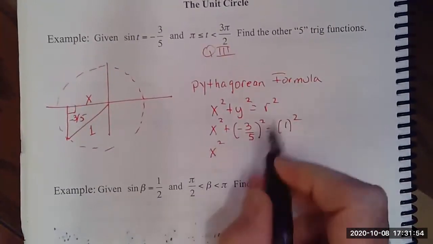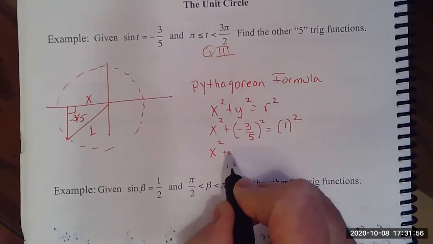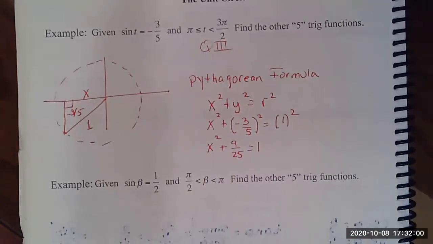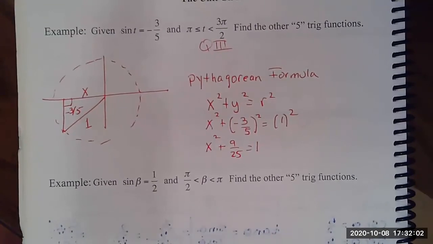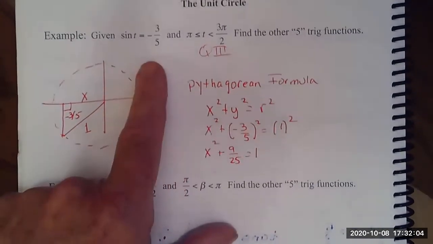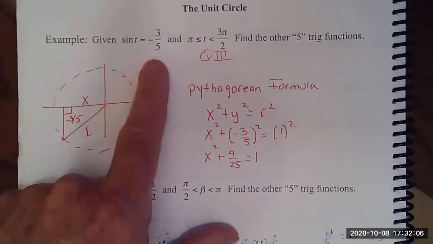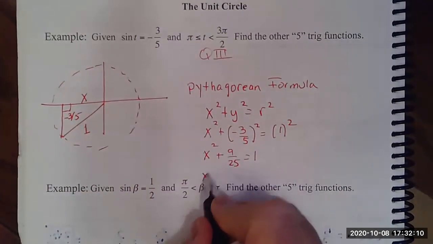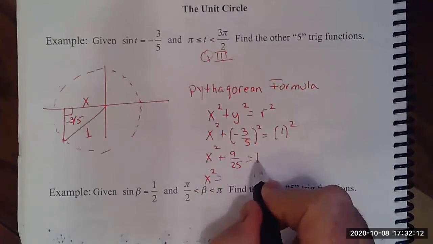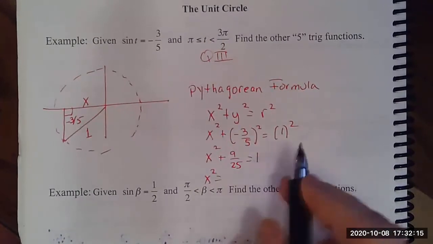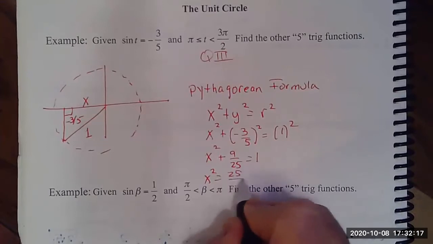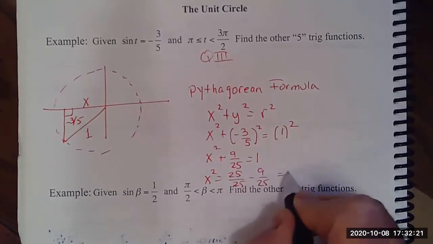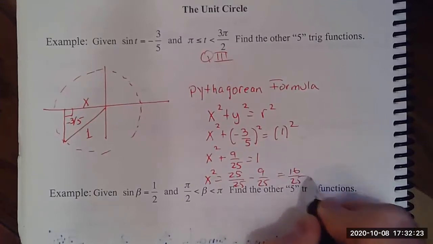X squared plus 9/25 is equal to 1. So what I'm doing is trying to solve for x, because I'm going to need x, which is the cosine piece, for everything else. So x squared is equal to 25 over 25 minus 9 over 25, which is 16 over 25.